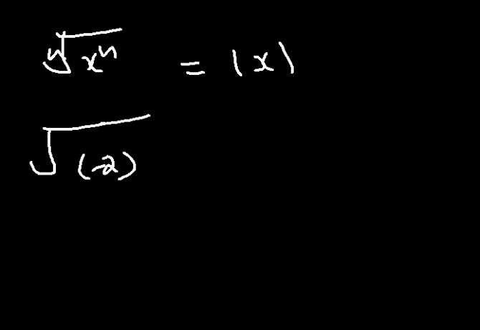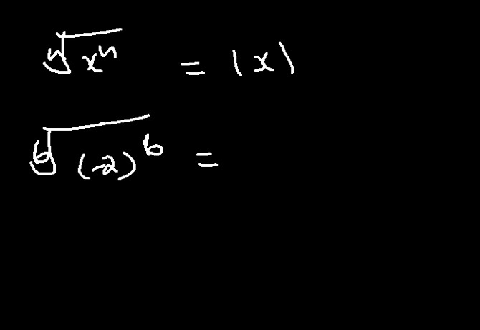Provided the power is an even number, the result will be the positive x. For example, if we have the square root of negative 2 to the power 6, since the power is an even number, I'm going to have the positive value. That is because this is the same as having, no, it should be like this.